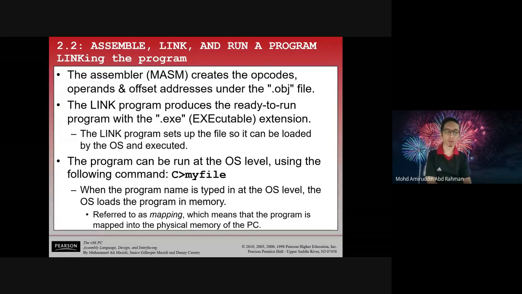If the program has an .exe file, we can just run it by typing the name of the file without typing the .exe, but if we type the .exe, that is also fine. When we type this, it is called mapping, because the OS loads the program into memory, which means the program is mapped into the physical memory of the PC.